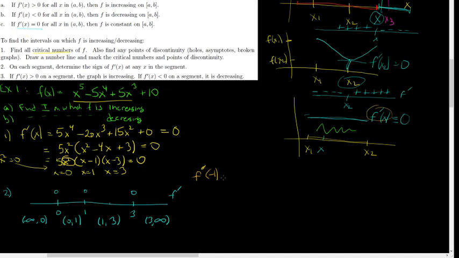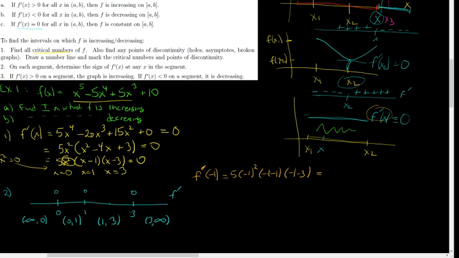So f prime. Right, so we can plug it into the derivative here, but notice the factored form might be easier, right? This is just going to be 5, which is positive, times negative 1 squared, times negative 1 minus 1, times negative 1 minus 3. And, well, let's see, this is going to be 5 times negative 2 times negative 4. So 5 times negative 1 squared, which is 1.